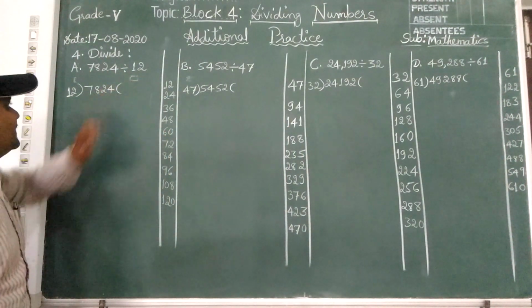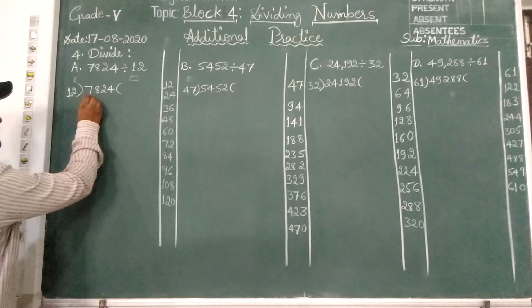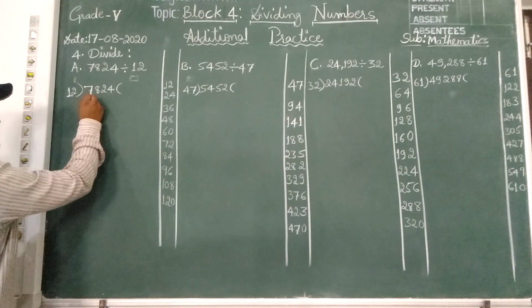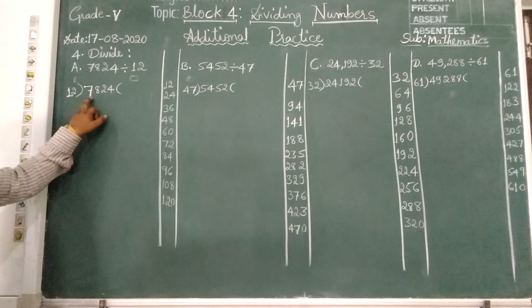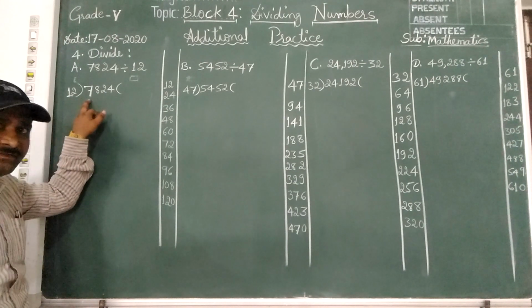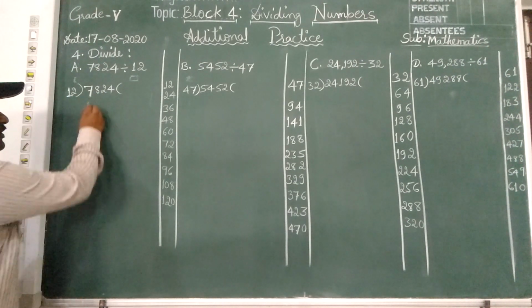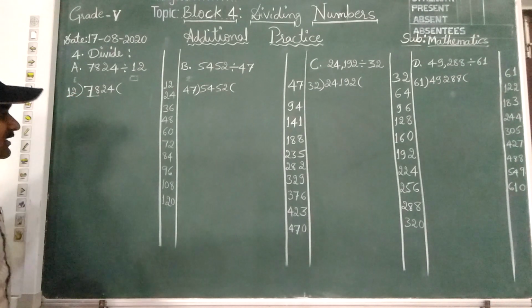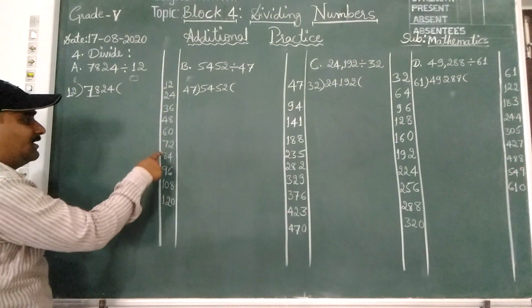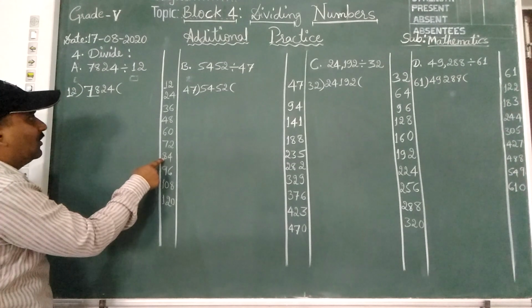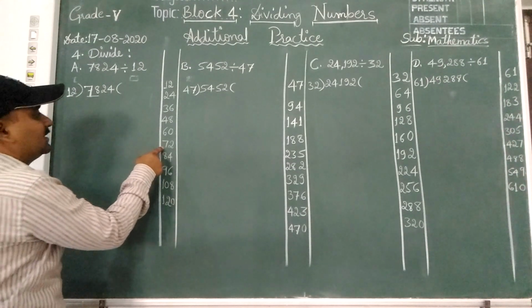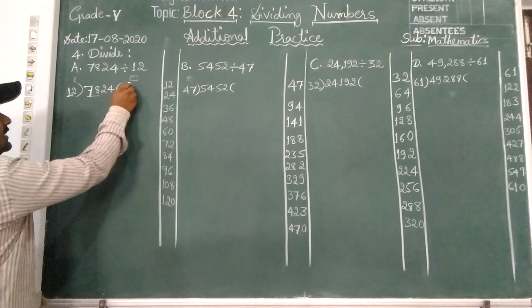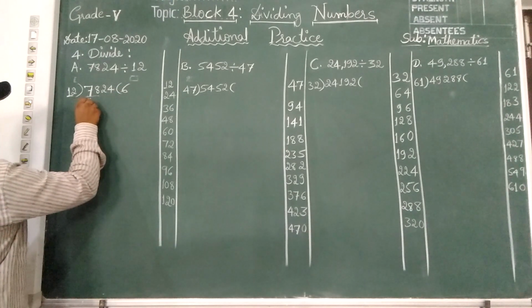Okay. For 12, I will take the leftmost digit, that is 7. 7 is less than 12. I cannot divide with only one digit, so I should take 78. See here, children, for 78 you will get less than 84: 72. How much are 12? 6 12s are 72.